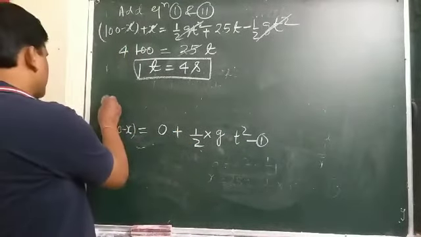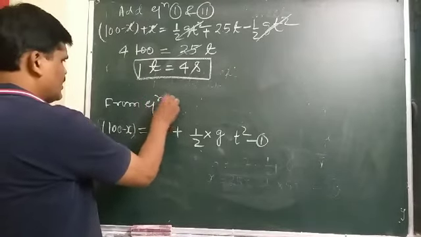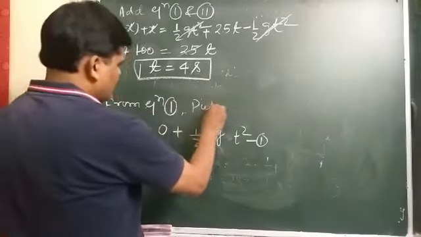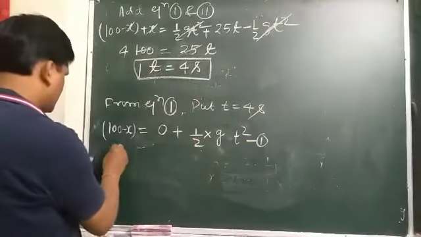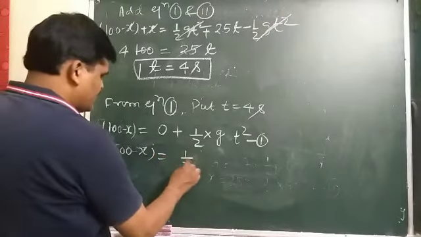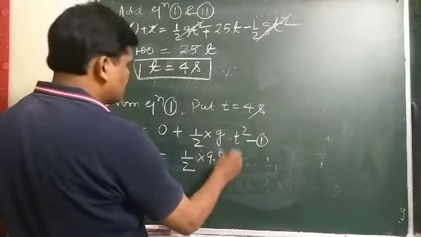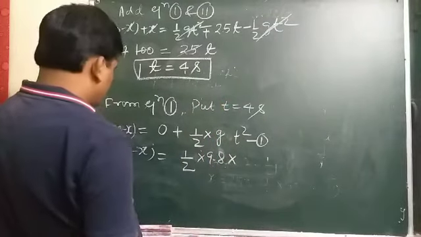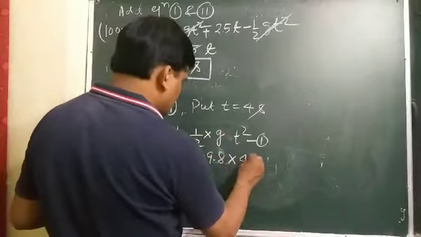From equation 1, put t equal to 4 seconds. So 100 minus x equals half g, we put 9.8, times t square, that is 4 square.